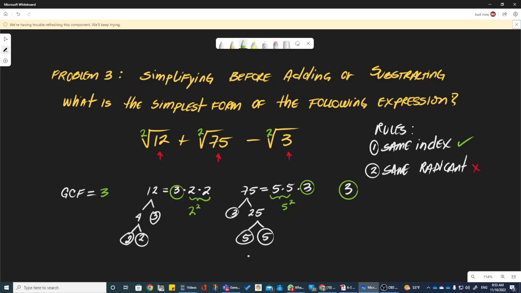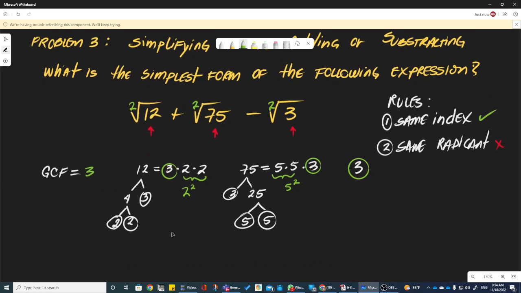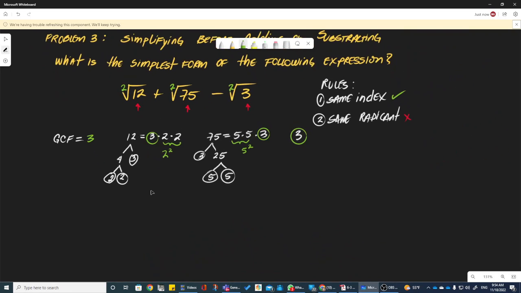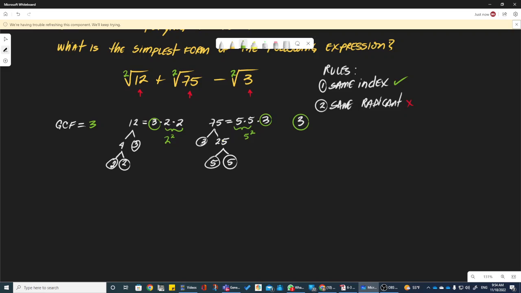Okay? Alright, so when you rewrite these expressions after you factor them, the 12, it's equal to 3 times 2 to the power of 2.